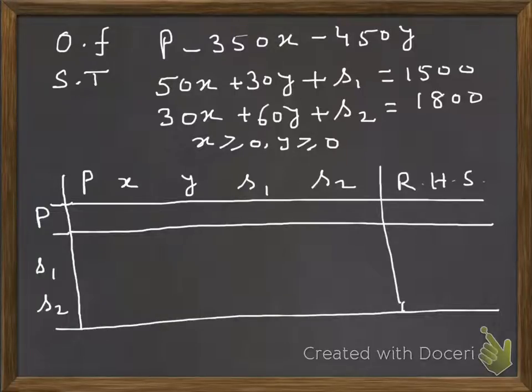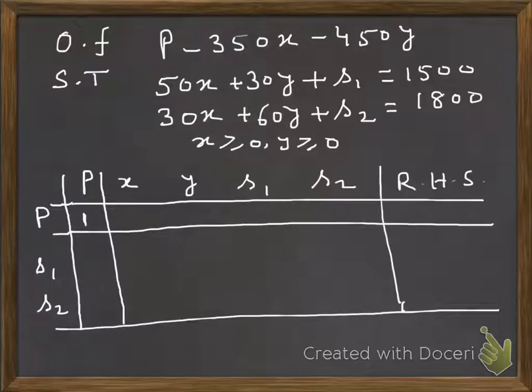Filling this table is quite easy. Simply take the coefficients from these equations and put that in the table. So if we look at the P line, the coefficient of P in P line is 1.